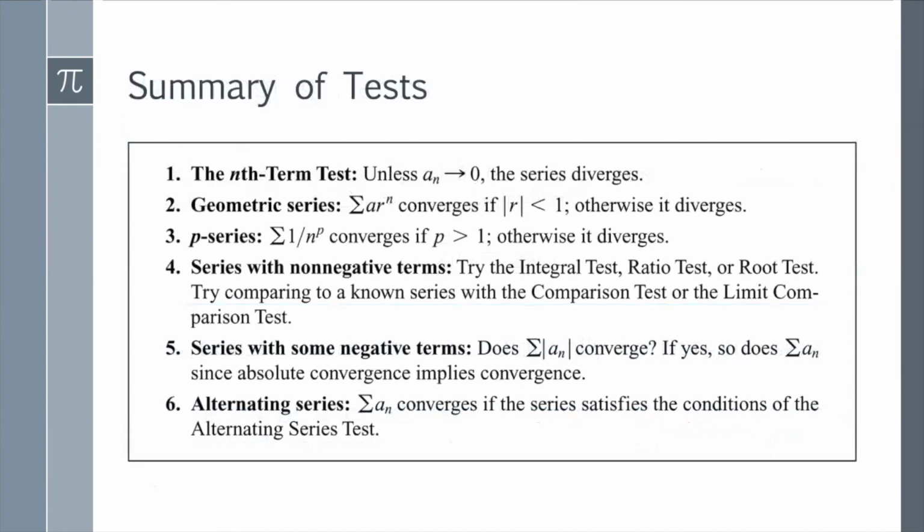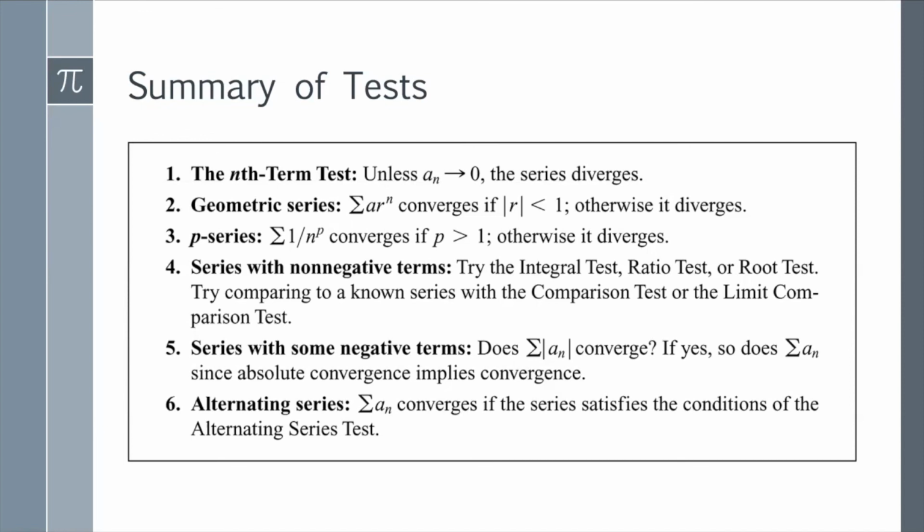All right, and we have at this point pretty much reached the end of all of our tests for convergence. So let me just go over this with you real quick, and I'll talk a little bit about what would be a cue to use this test or another test. So first we have the nth term test. If a sub n approaches anything other than 0 or doesn't approach anything, the series diverges.